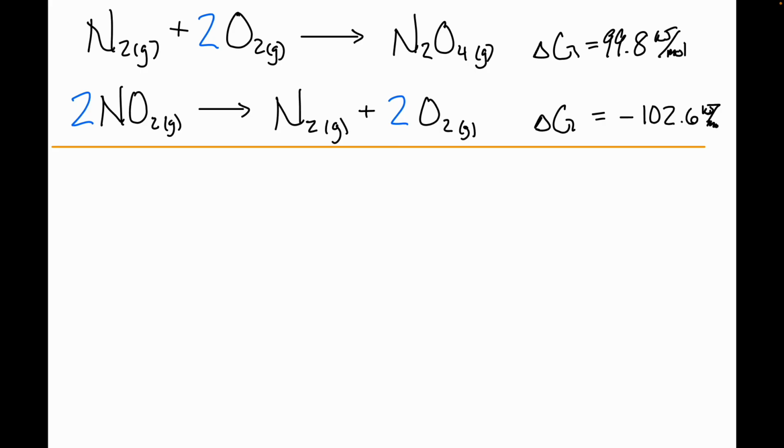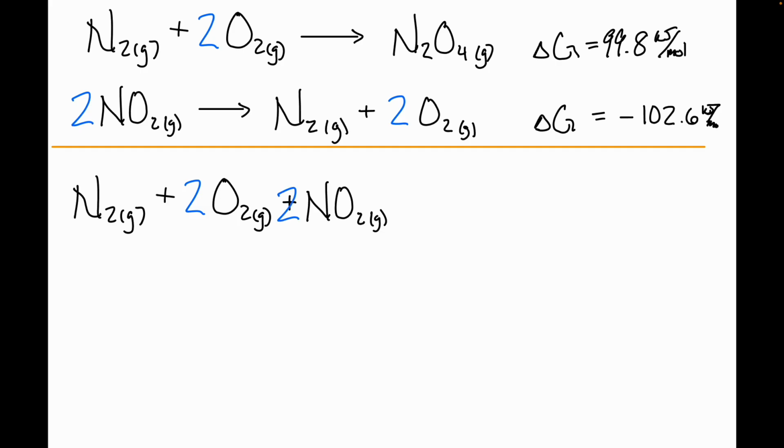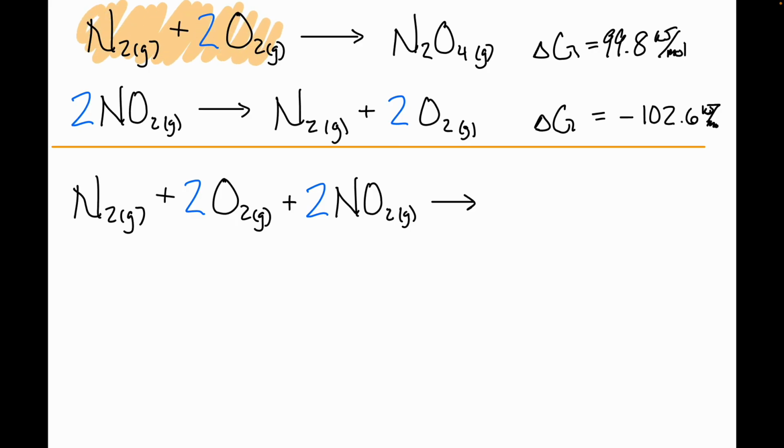So these 2 here, plus my next one. Notice that I just combined the reactant side of this equation and the reactant side of this equation. They just got combined into a new chemical equation where they're both on the reactant side.